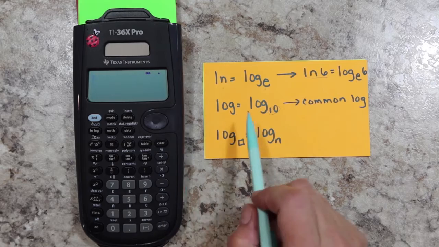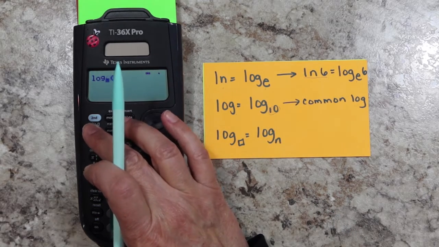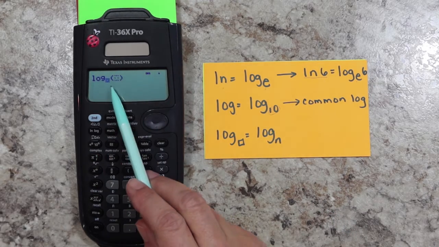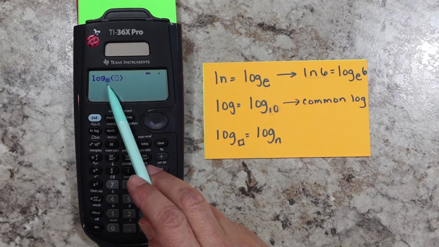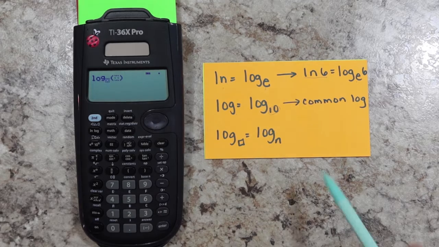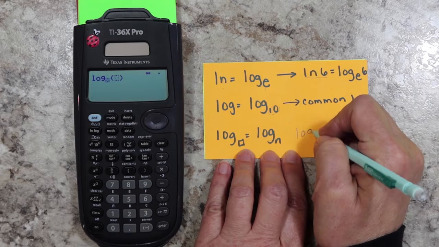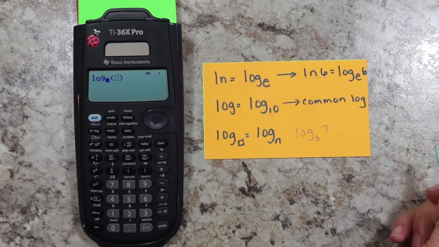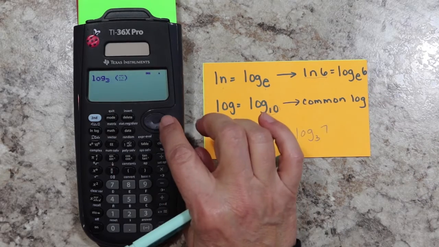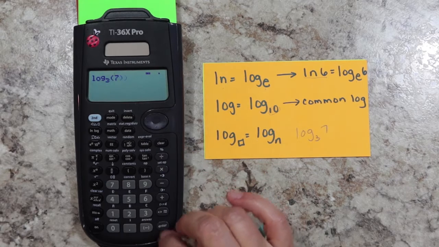Now where it gets interesting is if you hit this button 3 times, now you have access to this function where you can enter a log with base n or any base. So for example, if I wanted to find the log base 3 of 7, I would put a 3 here, scroll up to 7, and hit enter.